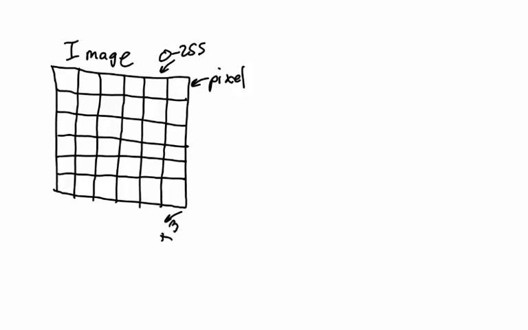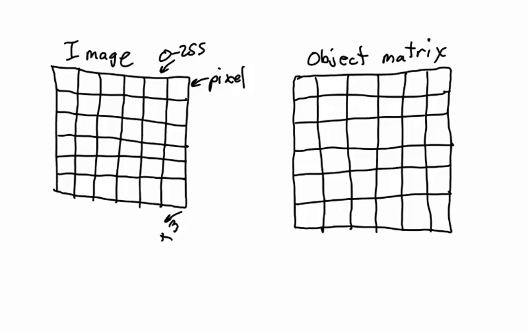In image segmentation, we want to process this image to transform it into a different matrix. We will call this other matrix the object matrix. The object matrix has the same number of rows and columns as the original image matrix, but it does not have 3 of these matrices stacked on top of each other.